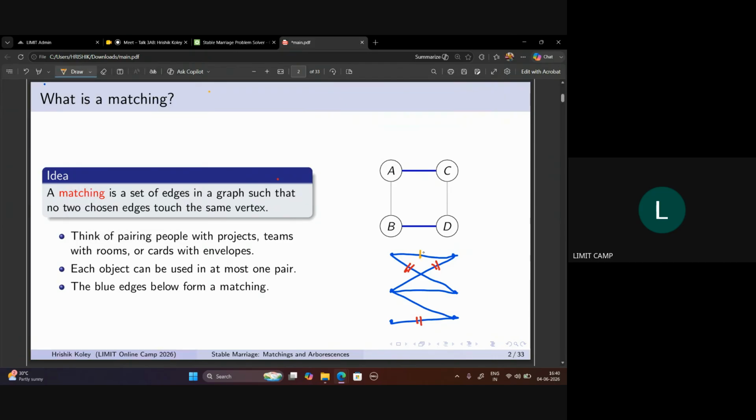Also, this set of edges is also a matching.